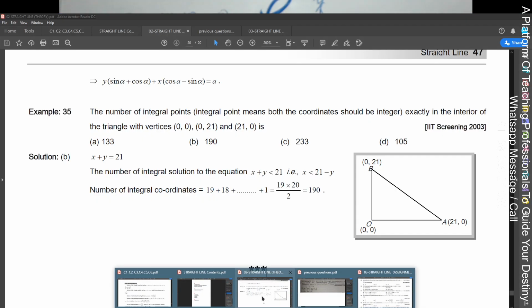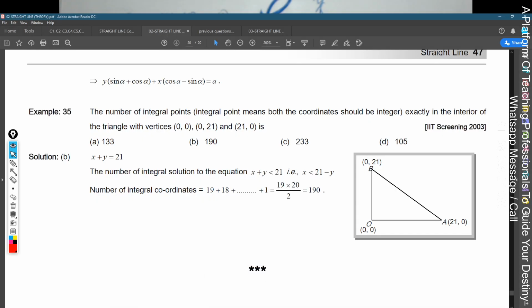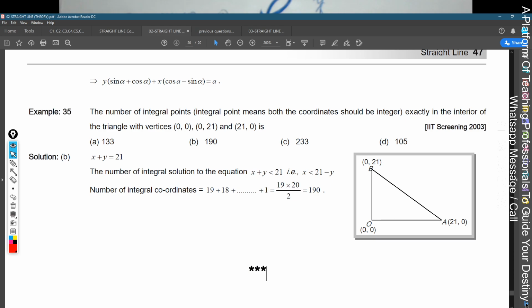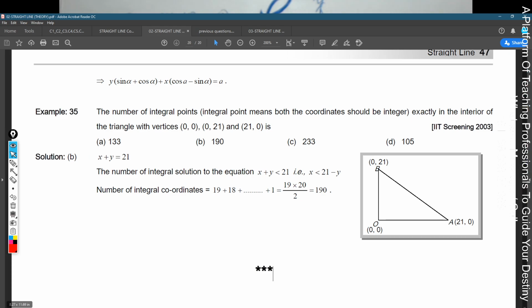If the x coordinate is an integer and the y coordinate is also an integer, they are said to be integral points. Understand that? Okay. Now in this case, let us find out the integral points strictly interior to the triangle.